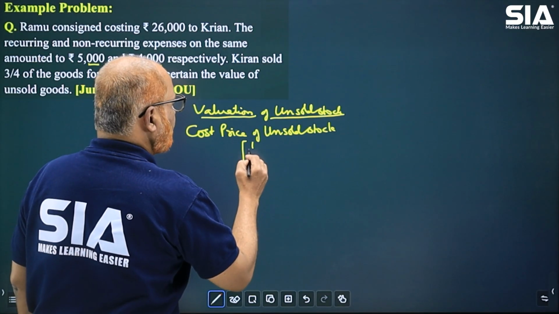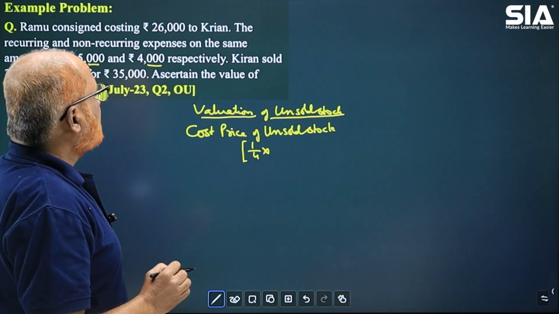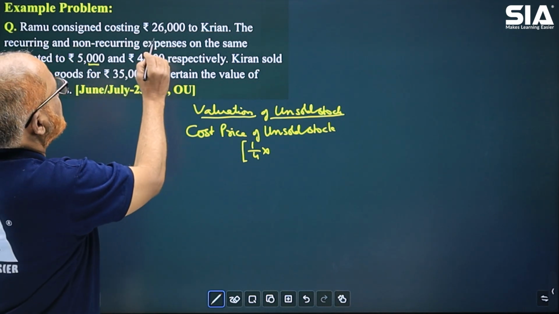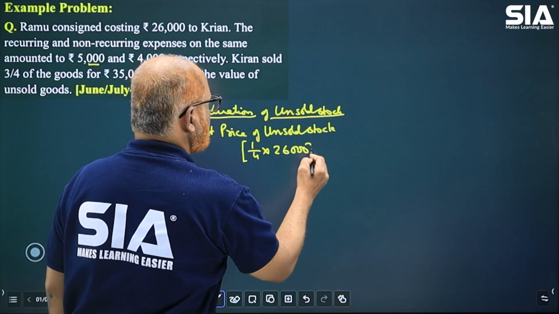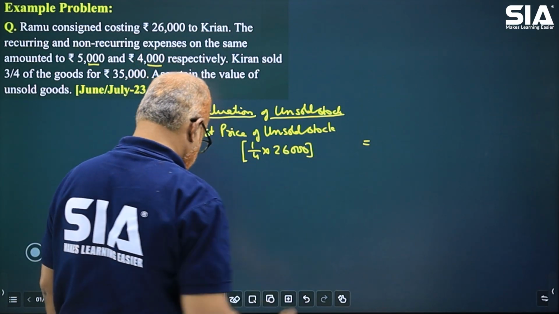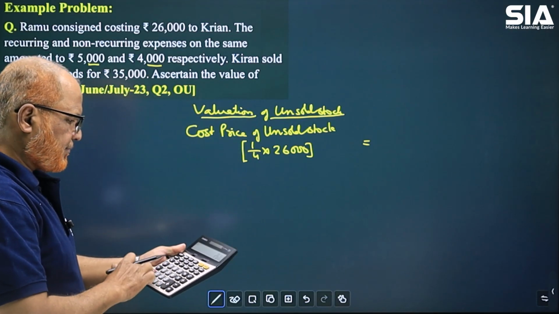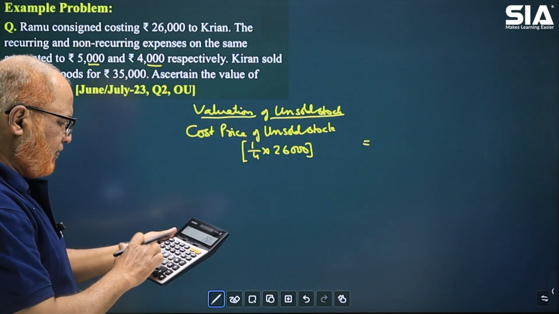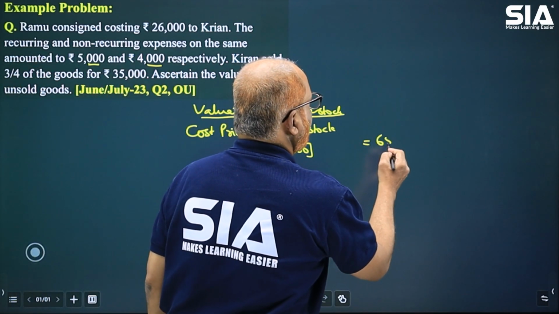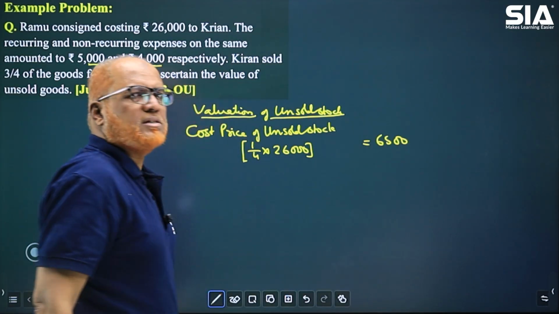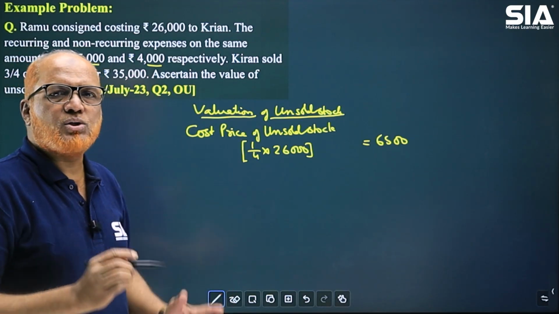So it comes to 1/4, because 1/4 is unsold, 3/4 is sold. So what is the total cost of goods sent? 26,000. The total cost price is 26,000. Now you can see here 26,000 divided by 4 comes to 6,500. What is the 6,500? Cost price of unsold goods.